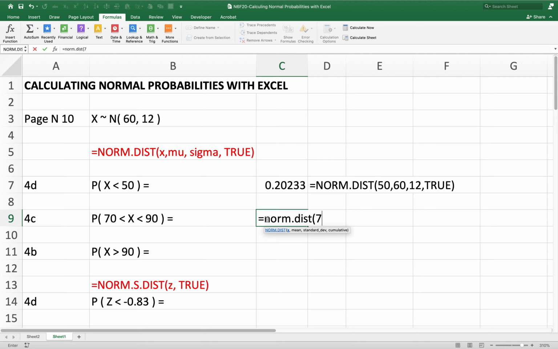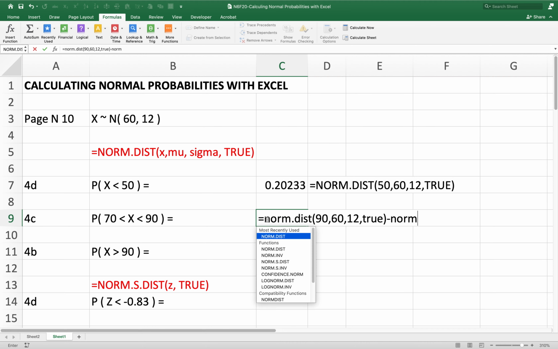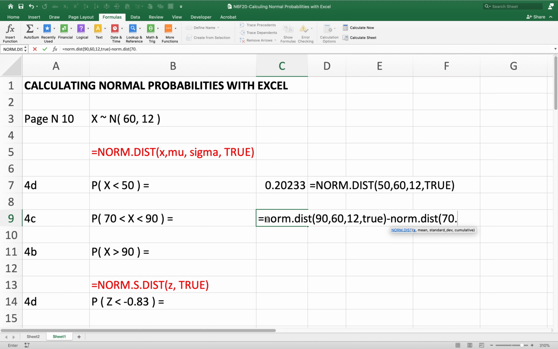So the x value I'm going to put in there is actually the bigger one, which is 90, the one which is further to the right, and then comma to separate the arguments, 60, which is our mean, comma, 12, which is our standard deviation, and then true, minus NORM.DIST, 70, comma, 60, comma, 12, comma, true.